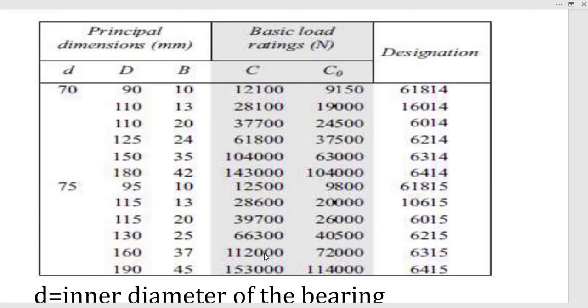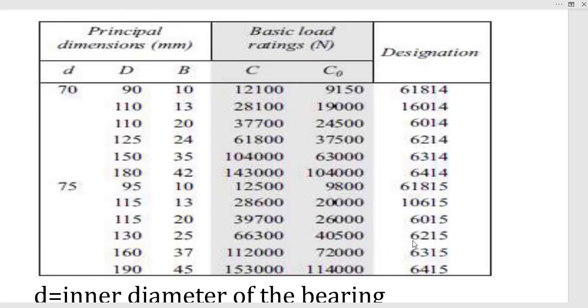We take a higher value, we can't take a lower one because we would be risking the machine part failing. So 112,000 newtons is what we are going to choose.